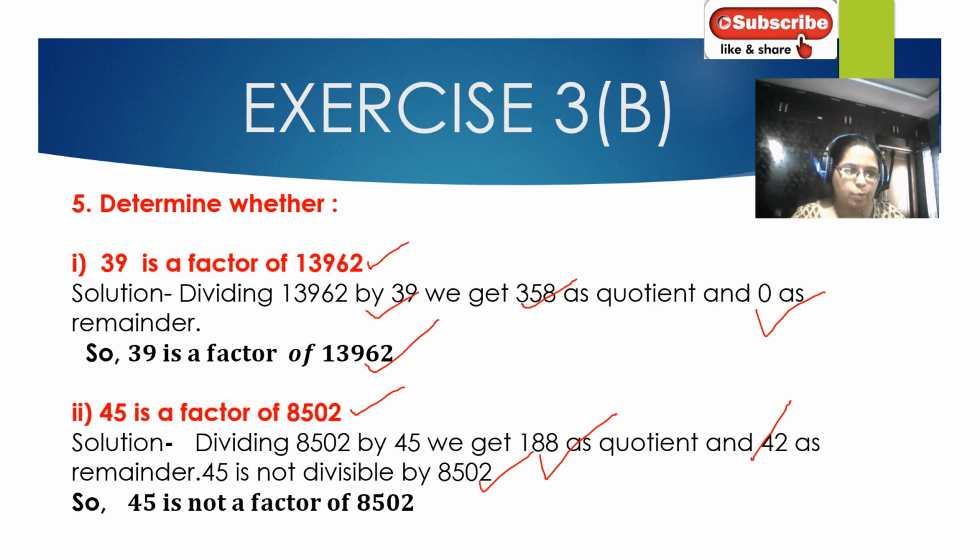So the number 45 is not a factor of 8,502. When we get the remainder 0, then the number is a factor of that number, and if we don't get 0, then the number is not a factor of that number.